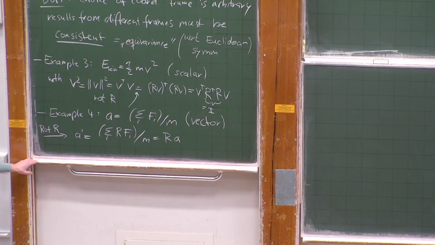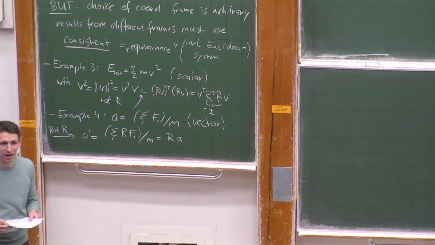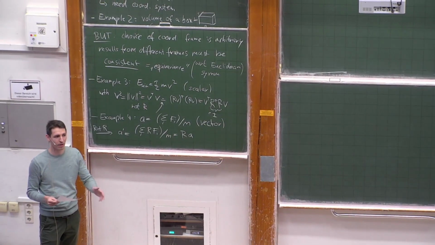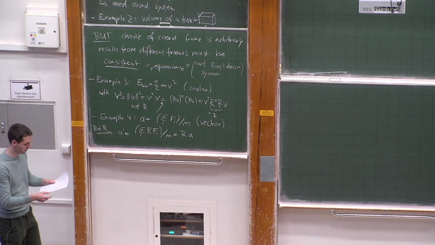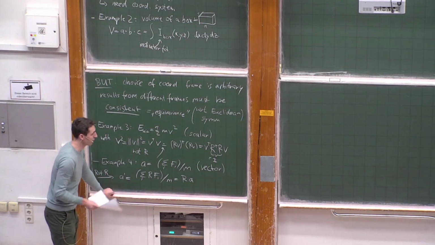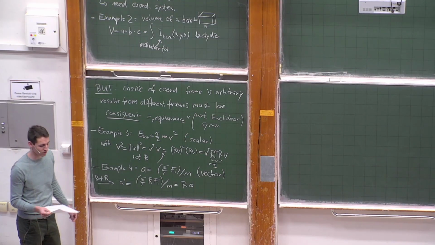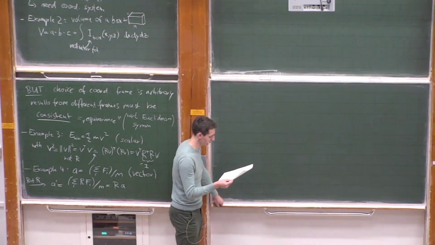So what we see here is that the coordinates of vectors change under rotation of our coordinate frame, meaning that you can have the same force or the same velocity as a geometrical quantity, but described in two different coordinate frames, they will have very different coordinates. And this behavior of how geometrical quantities transform under rotations brings us to the notion of group representations.